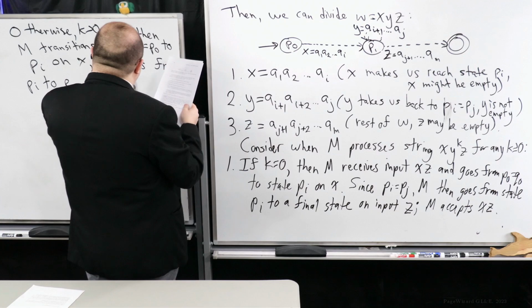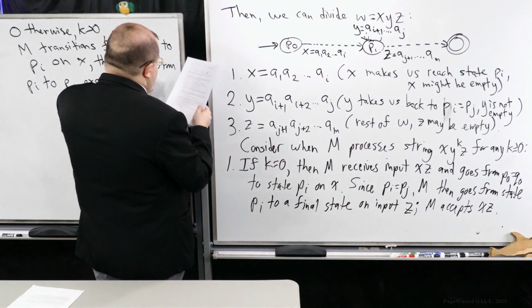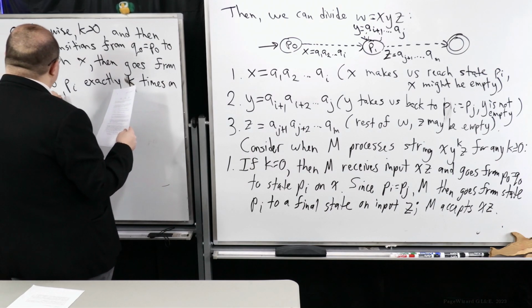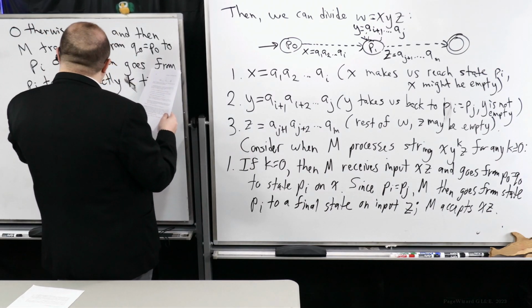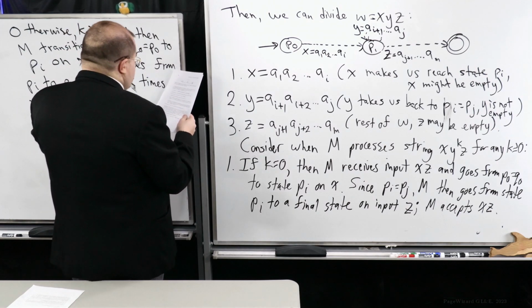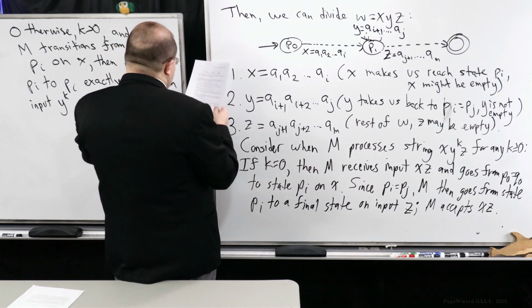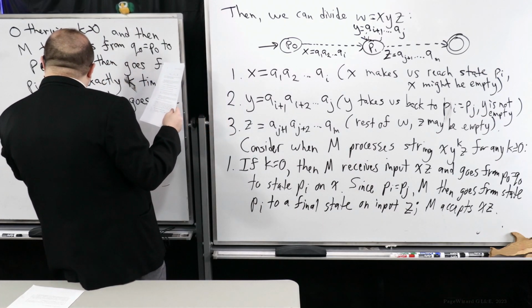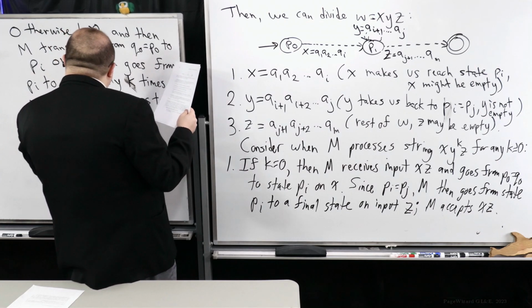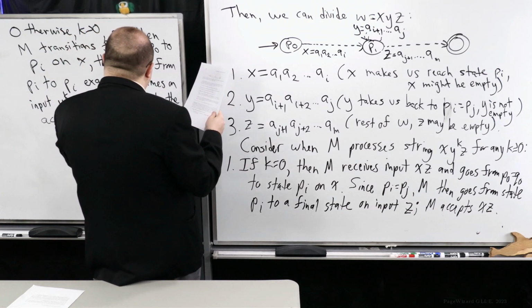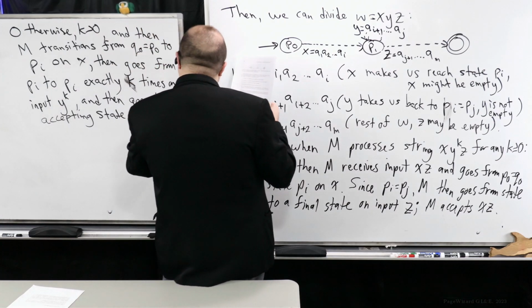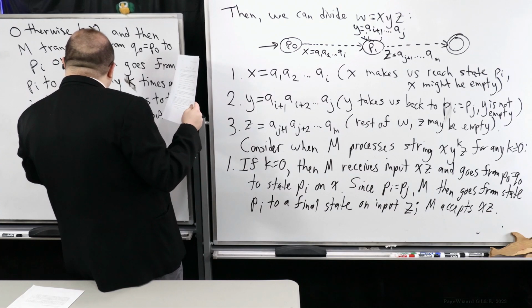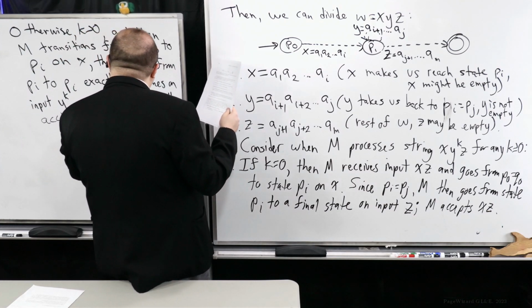So it does it exactly k times on input y to the k, and then goes to the accepting state on input z, accepting our string, accepting x y to the k z.